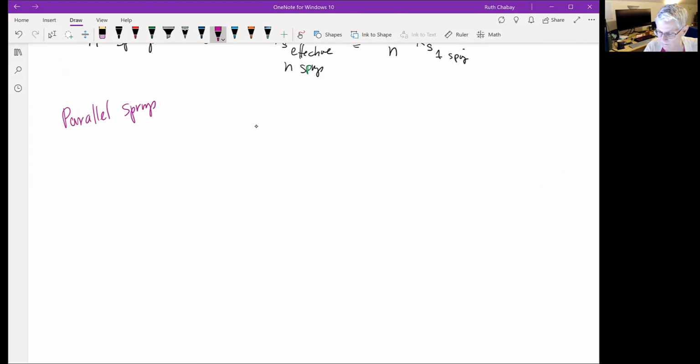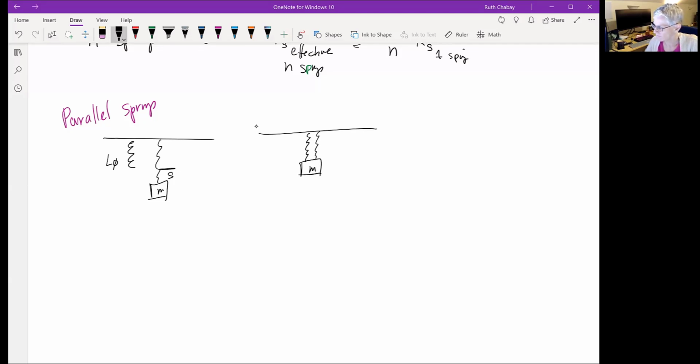So again, we've got our spring here that has some length L0, and we hang a mass from it, and it stretches a stretch S. Now we put two of these springs side by side, and we hang the mass from both of them.